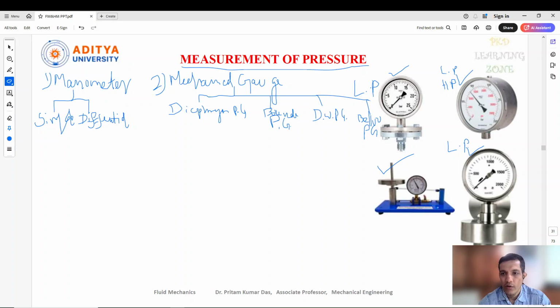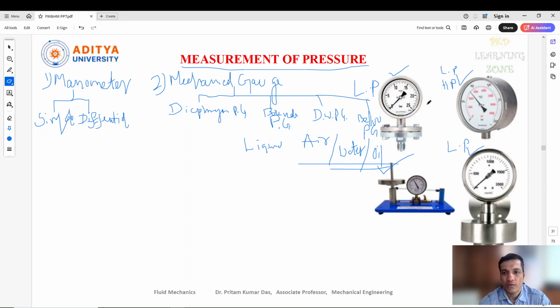All these pressure gauges are applied for measuring fluids. It may be any kind of fluid, maybe air, water, or any oil, in the petroleum industry.